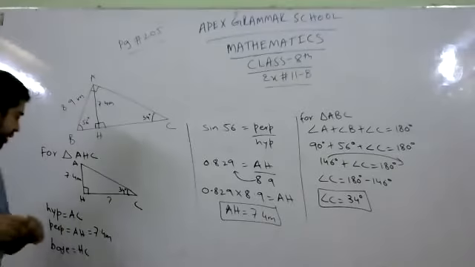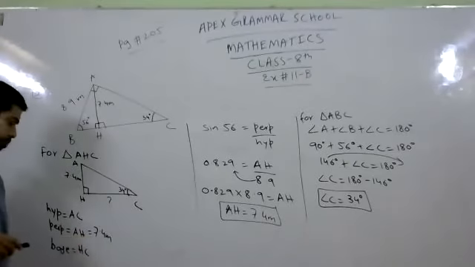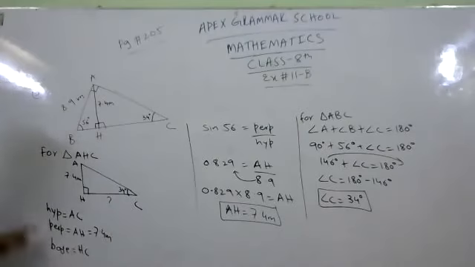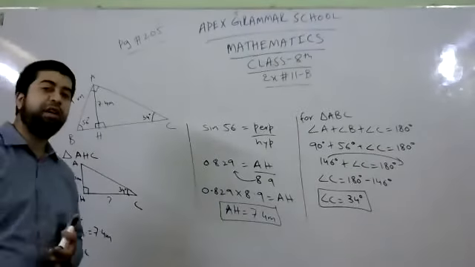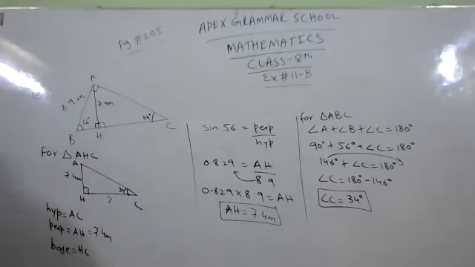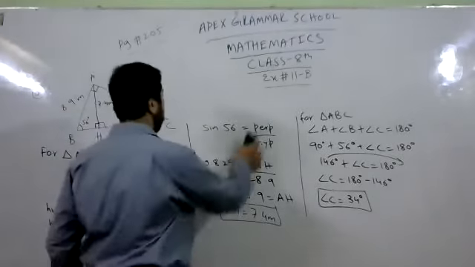Now one side is given, other side is not. Perpendicular is given and base we need to find. These are active sides. So perpendicular and base makes which trigonometric ratio? Think about it. You are already familiar with these things: sine, cos, and tan.